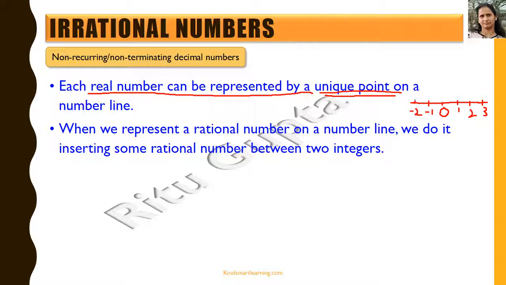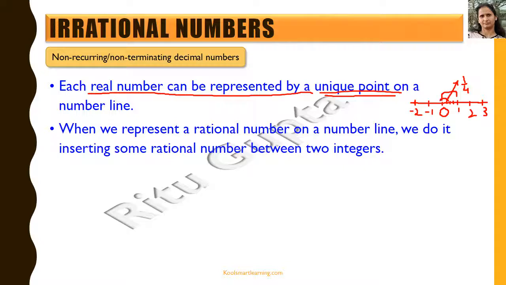Now supposing we have to represent 1 by 4. We know that it lies between 0 and 1. So we divide this part of the number line into 4 equal parts, and then we say this point refers to 1 by 4.